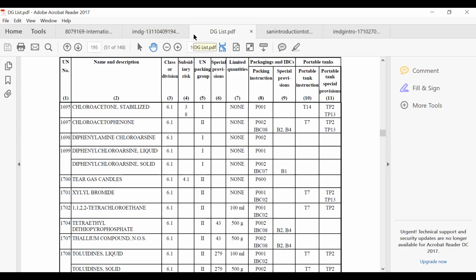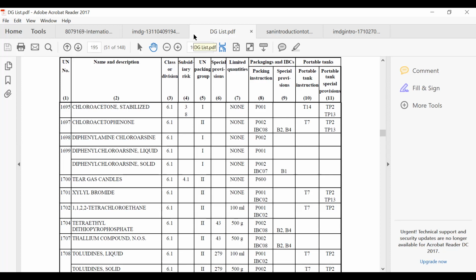So come again. So the class is what? 6.1, sir. Yeah, okay. Let me open it for you. What's 6.1 from the screen there? Poisonous toxic substance. Thank you. Poisonous toxic substance. Okay. Yeah, so the subsidiary risk is 4.1. I did not get it when you shared the slide because I was having network issues. 4.1.